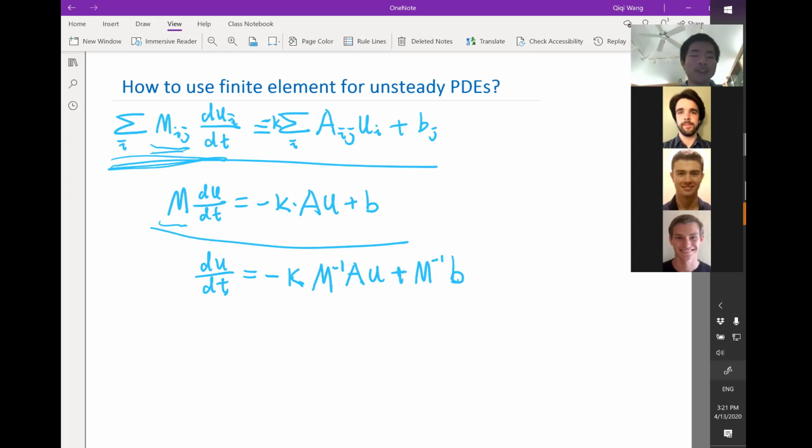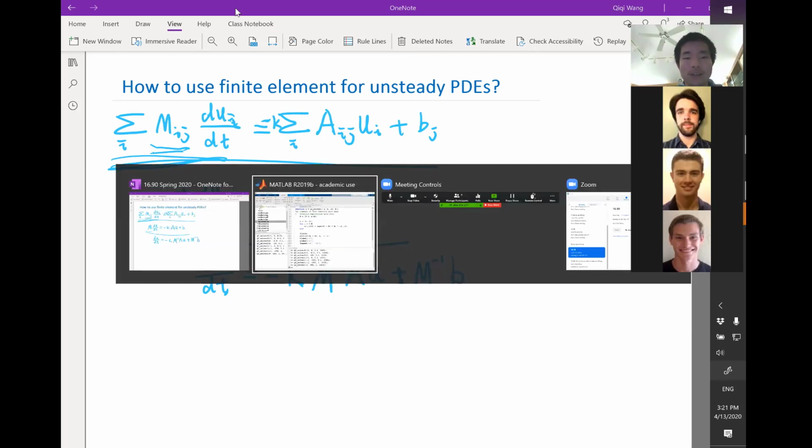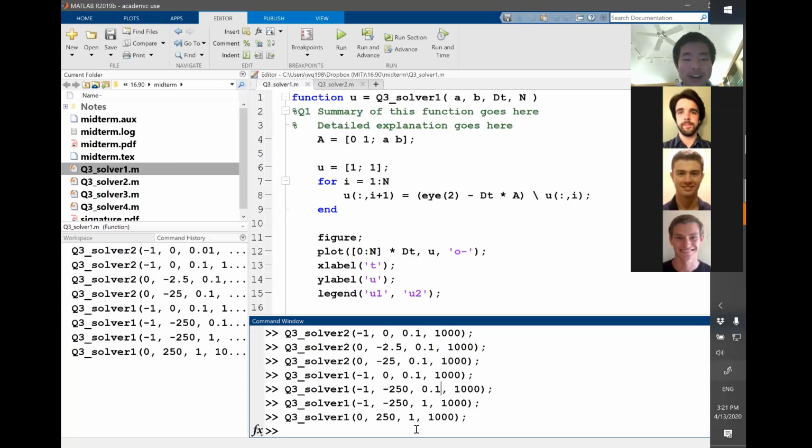Well, allow me to take a little interruption about our midterm again. I think on more than one occasion, one of you chose values of A and B to make my solver break. Does anybody remember what values of A and B you used to make my solver one break?